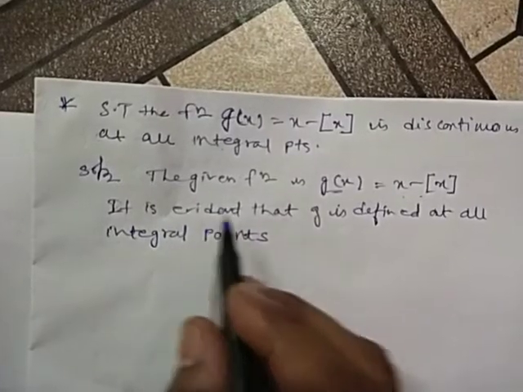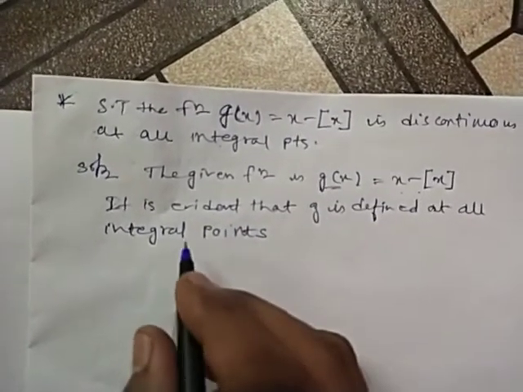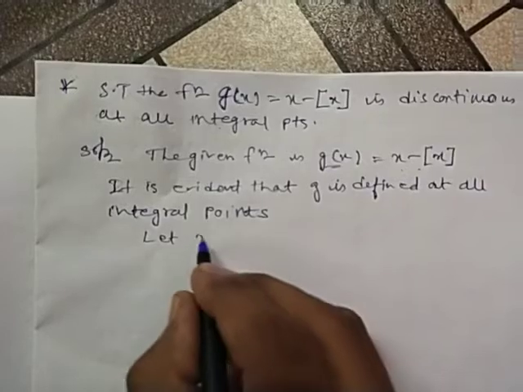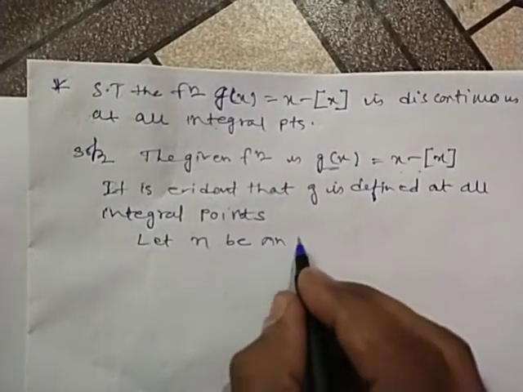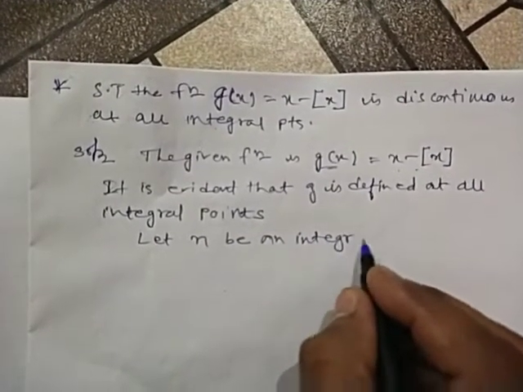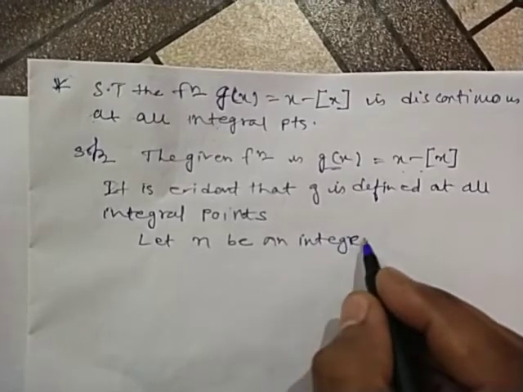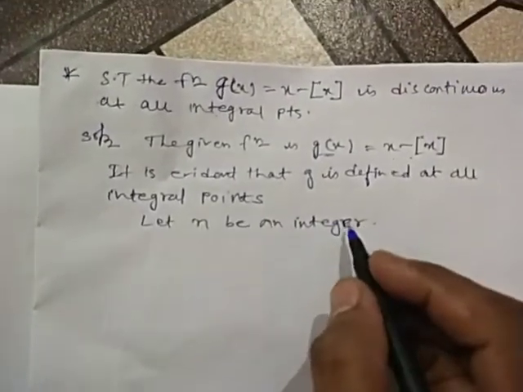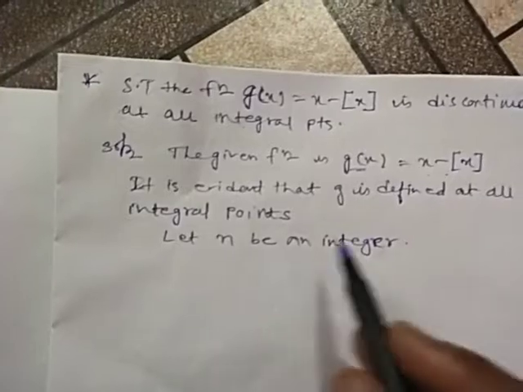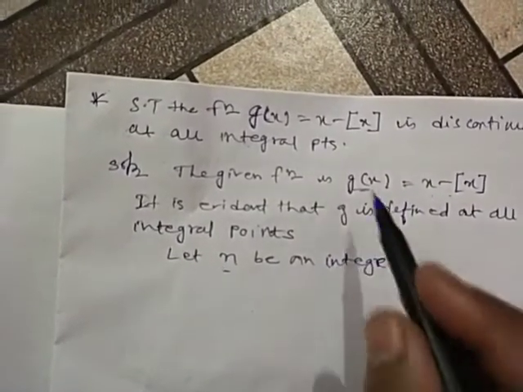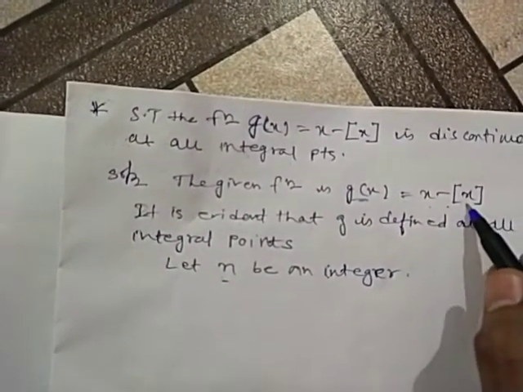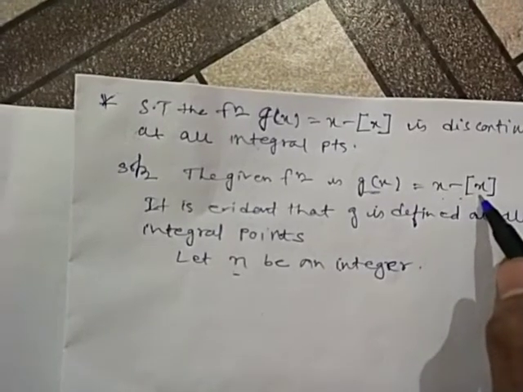Let n be an integer. Why have I taken n as an integer? Because this can be negative and positive also.